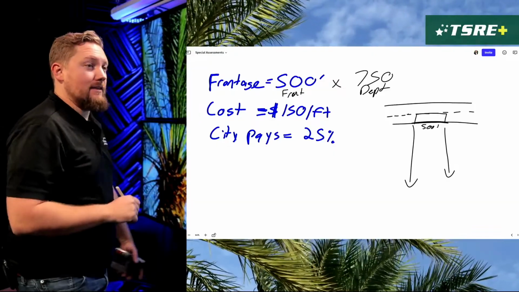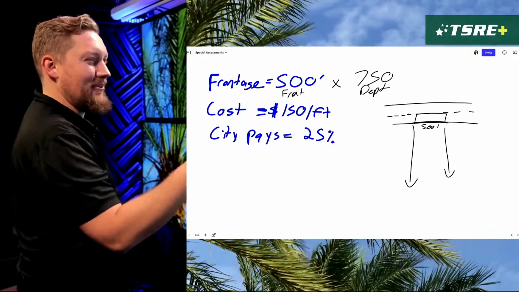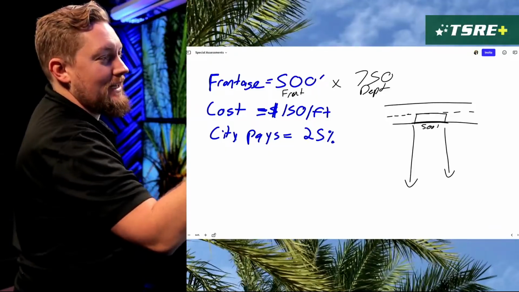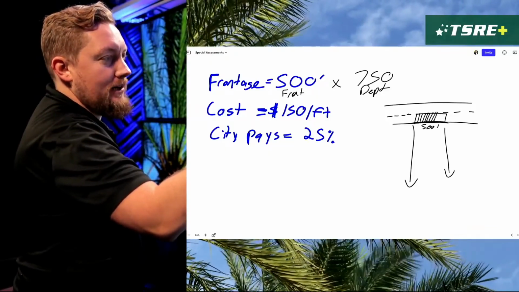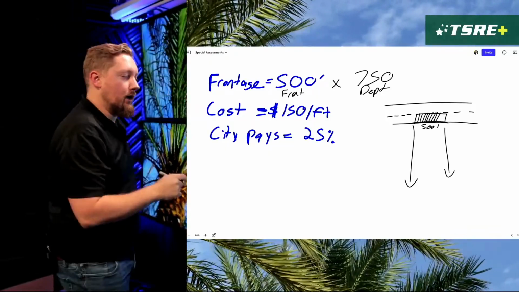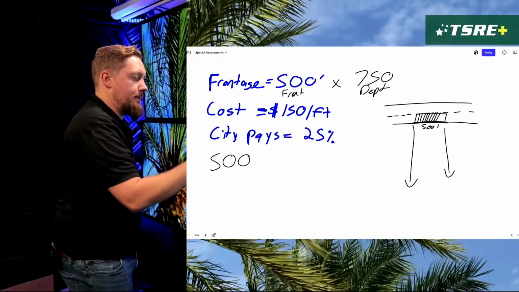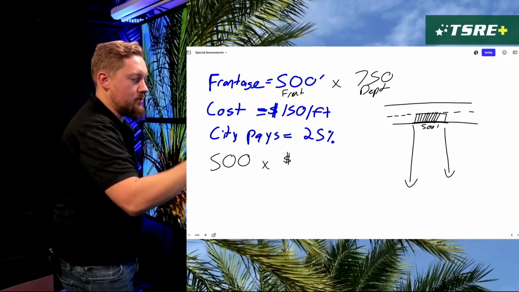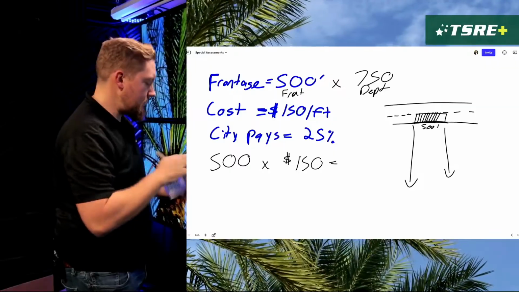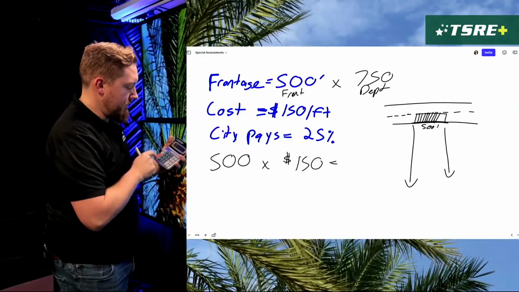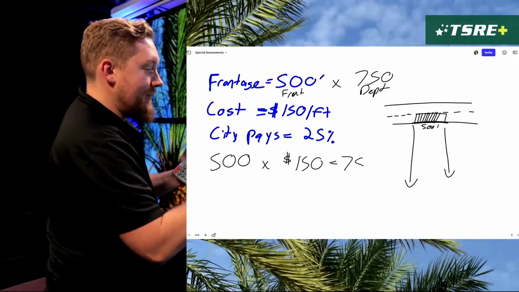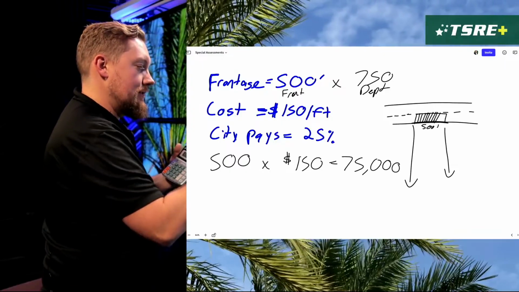So back to the math questions, back to the question here. So we've got 500 feet. Each of these 1 foot strips here of these 500, each are $150. So we take 500 times $150, and now we've got $75,000.